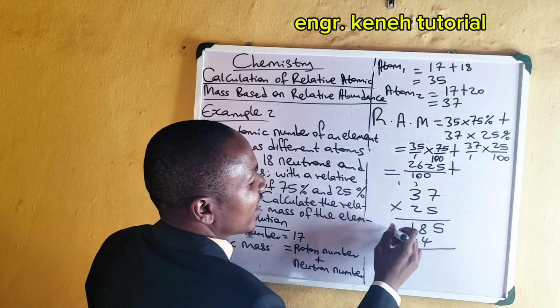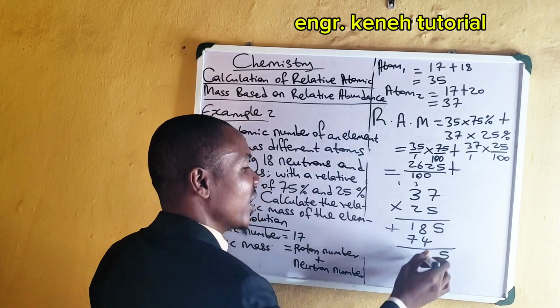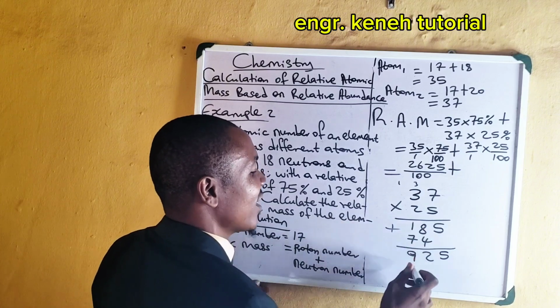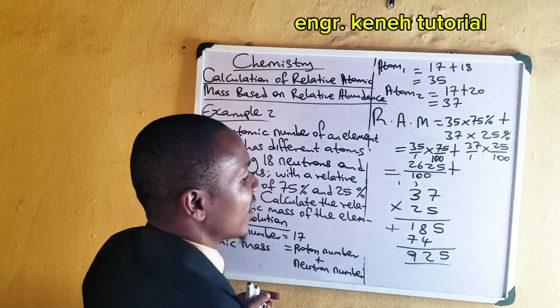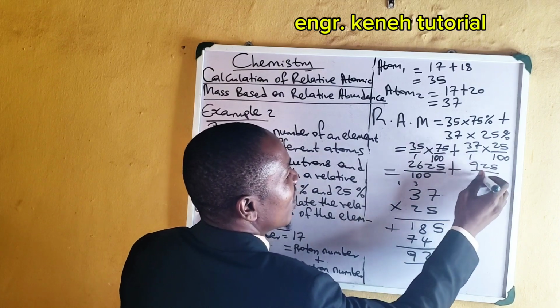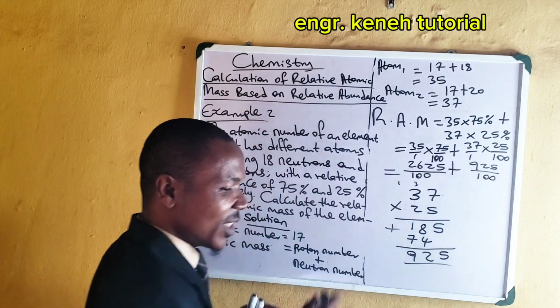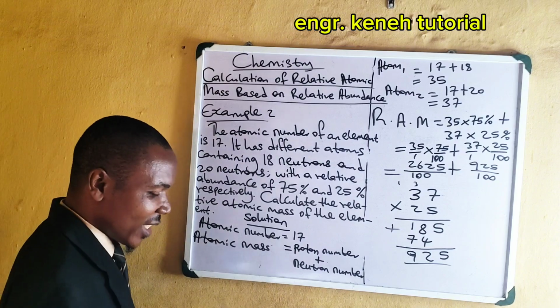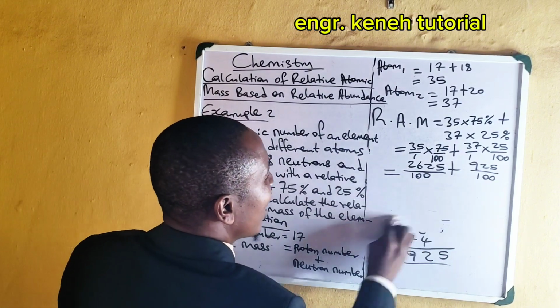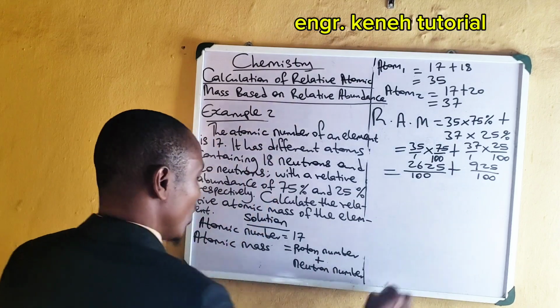Then bring down this. I will have 5. Bring down this. I have 12. Carry 1. Bring down this. I have 9. Can you see? So I have 925. So this will give me 925 all over 100. Can you see how I multiplied it? It's not difficult. All right, I'll clean this so that I will have enough space to continue what I'm solving.